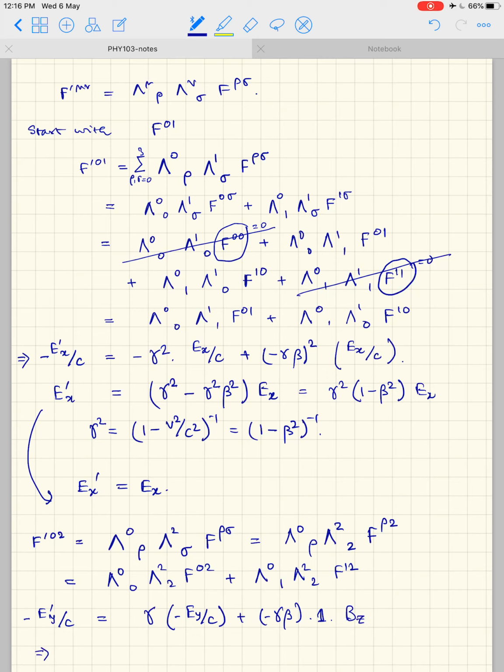So this yields that Ey primed is given by gamma into Ey minus V into Bz, okay? So this is what we have for Ey.